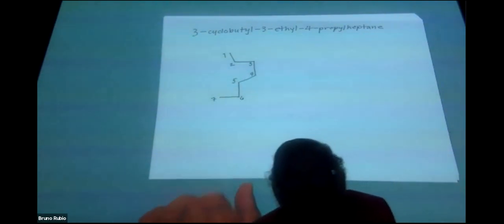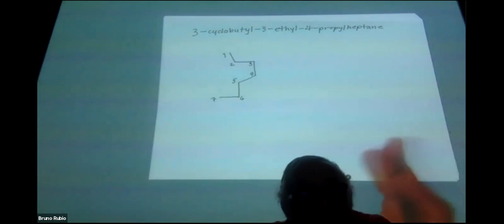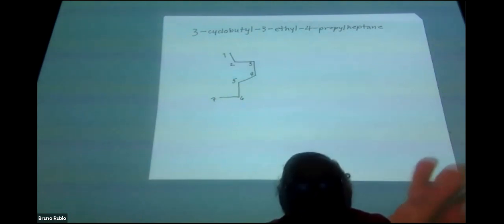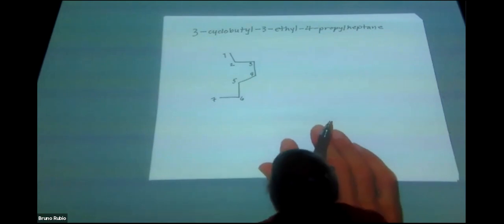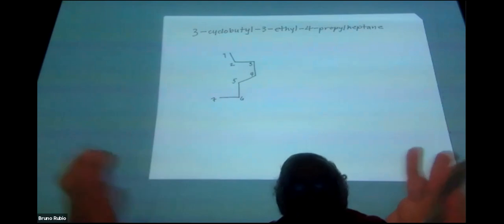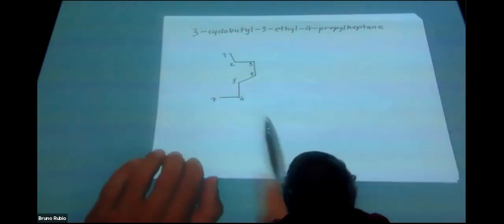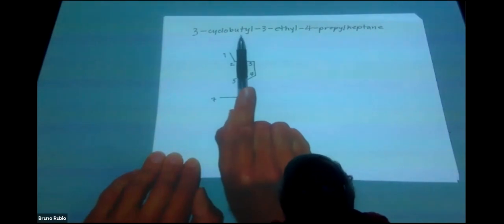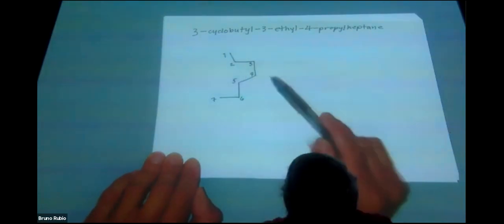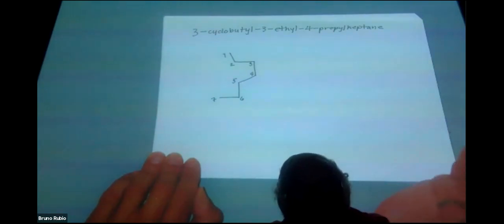Okay, and now the next step, the hard part of the nomenclature, is just learning all of these substituent and priority group names. Now the name is telling you where to put what and how many of what to put where. So 3-cyclobutyl means that at carbon 3, I have a cyclobutyl substituent.